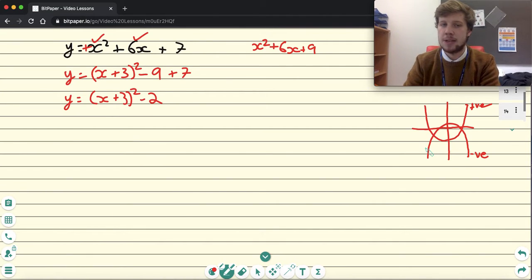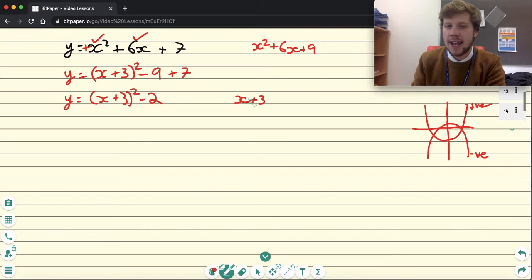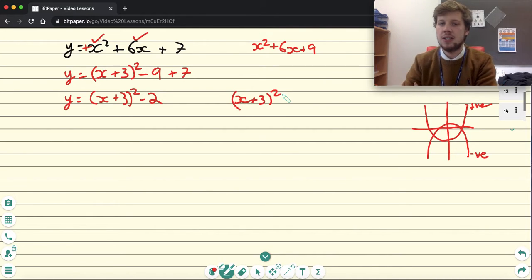To find that minimum, I'm going to think about what happens in this form. Just splitting it up, I've got an (x plus 3) squared term, and I've got a negative 2 term. I need this (x plus 3) squared term to be as low as possible.